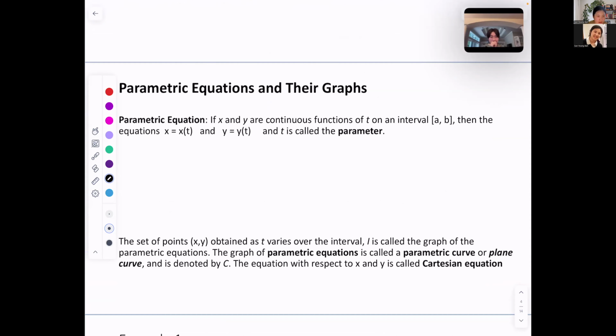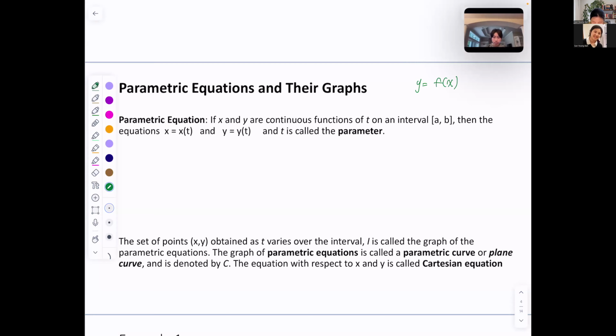Okay, parametric equation. So what is a parametric equation? As I mentioned, there's a definition, but normally, think about it. Normally, in algebra, if you took pre-calculus, calculus 1, other math courses, we describe a curve or line using one equation such as y equal to f of x.